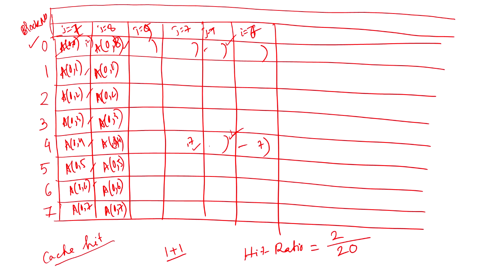Okay, so j equals 8. Now, j equals 9, that particular word is not there in any one of the blocks. So therefore, what do you have to do? You have to replace one of the blocks. So which block should I replace?